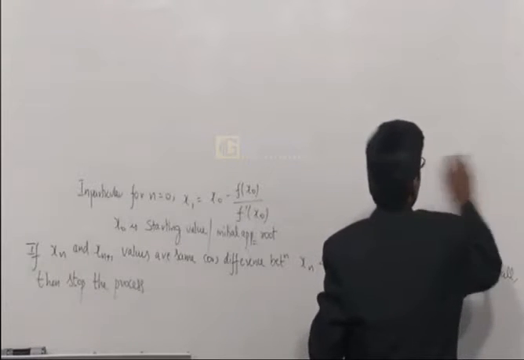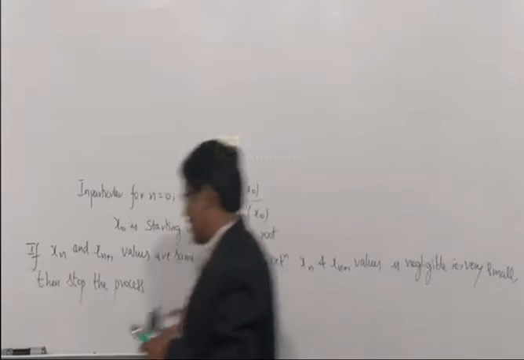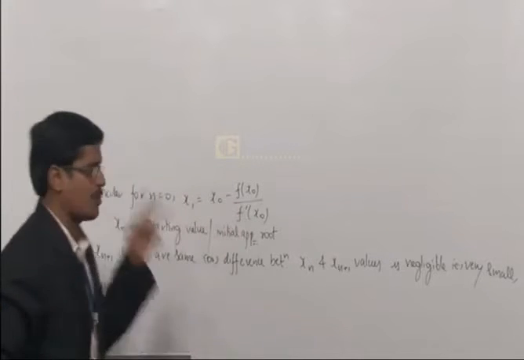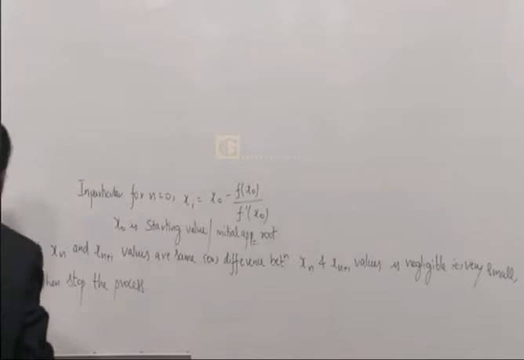So at every iteration, that is per step, we need to evaluate two function values: one is the f value and the other its derivative.